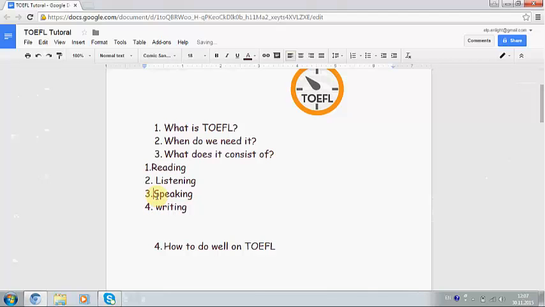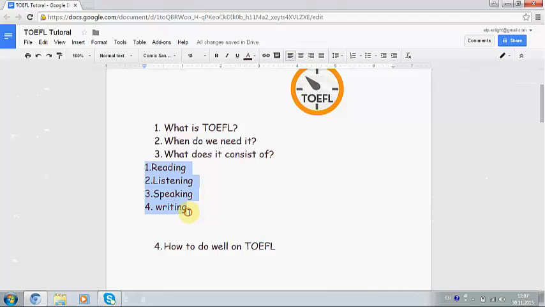Each part lasts approximately 1 hour, and each part has some easy parts, some difficult parts, but generally there are some skills that you will need to apply in all of these 4 sections. The skills we will break down later on.